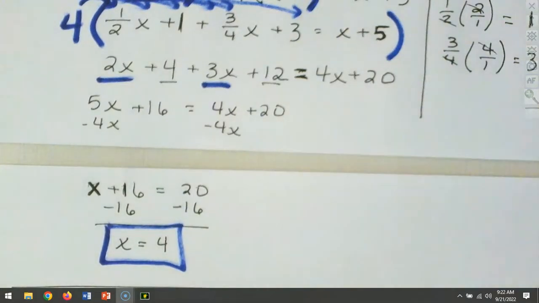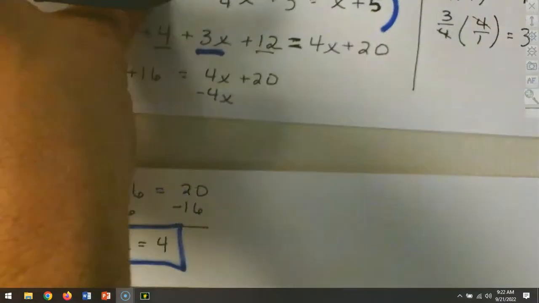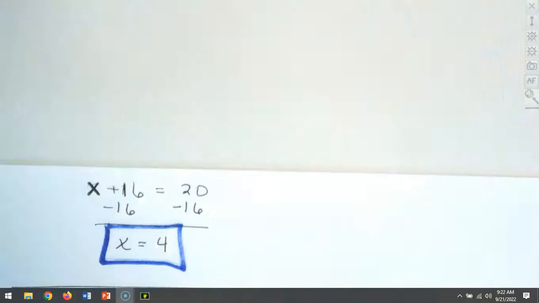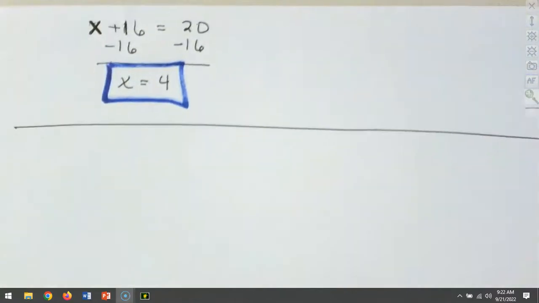Okay, let's look at another one here. Let's look at 66. Okay, this one has decimals. Now, how do we handle decimals? We're going to handle decimals the same way we would any other number. If we need to, we use a calculator. I'm not going to make you clear the decimals out. I think that's extra work. We have a calculator. We're going to use our calculator.